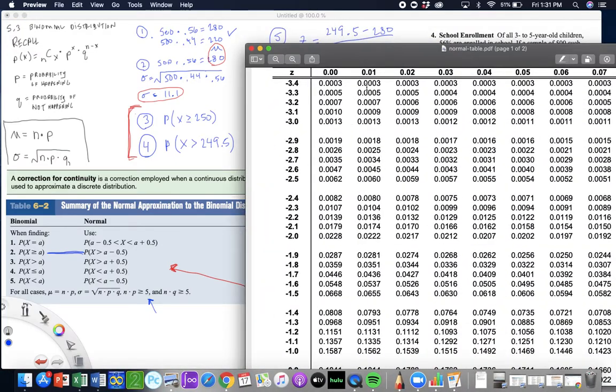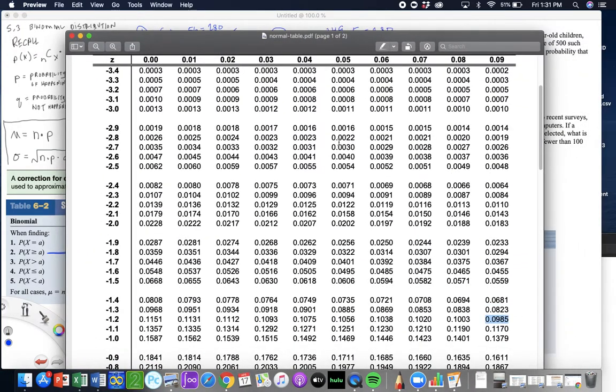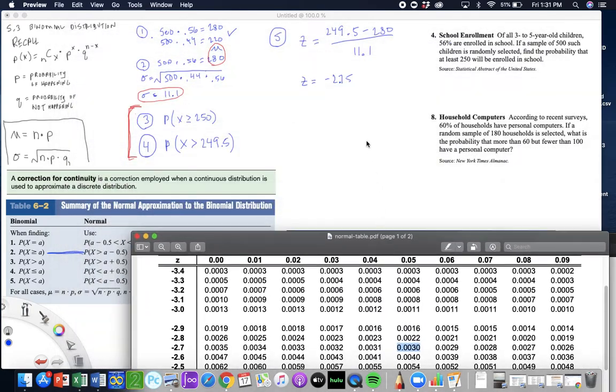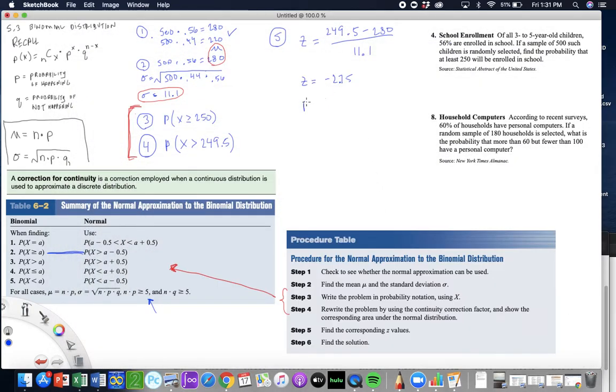Negative 2.75 is right here. Negative 2.75 is 0.003. So the probability equals 0.003, and we got that from the chart.